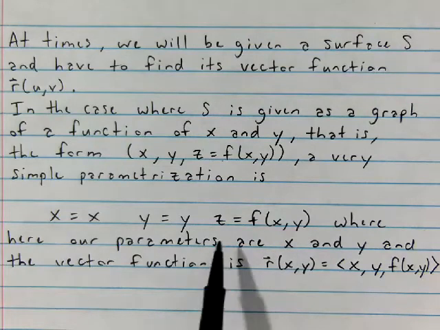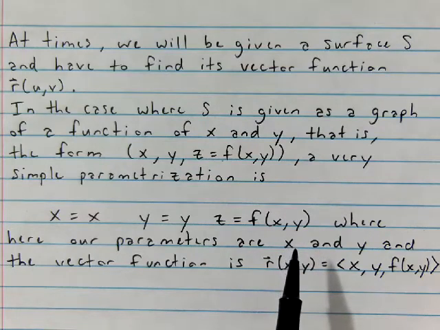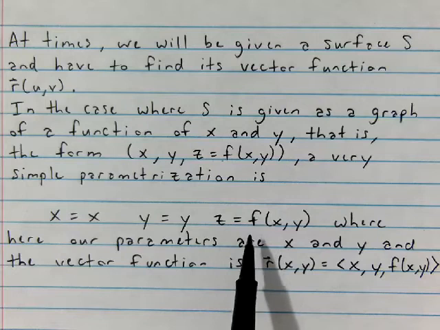If you can isolate z, you can use it. So if there's a z squared in the equation, you cannot isolate z, because that's going to give you a plus or minus. You have to be able to isolate z as a single function of x and y.